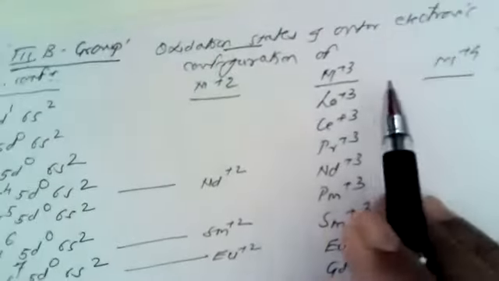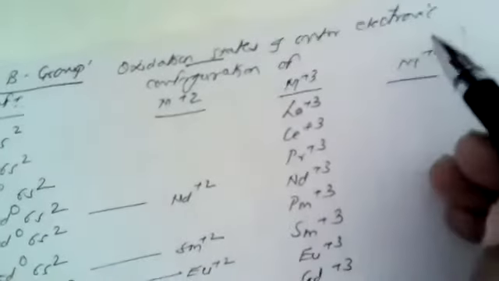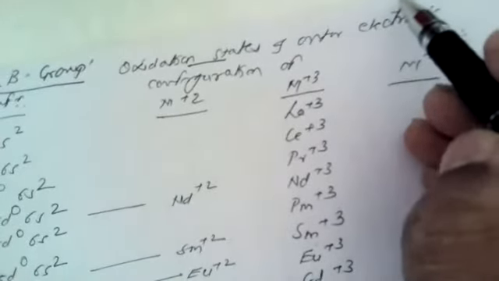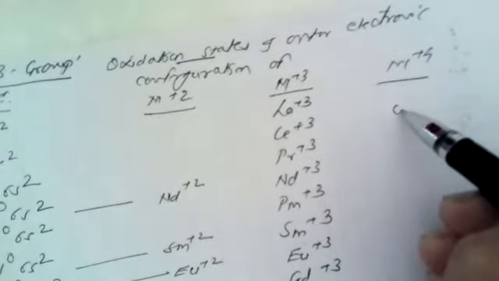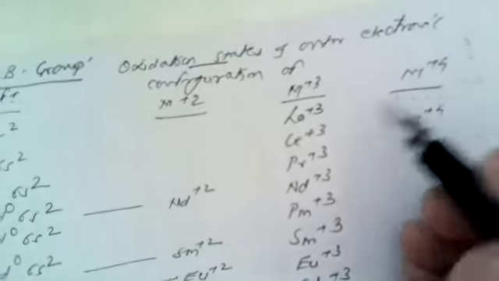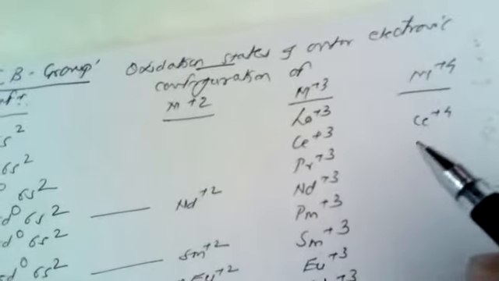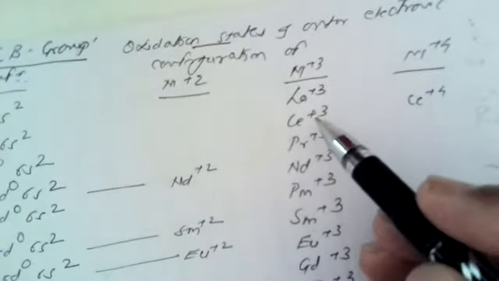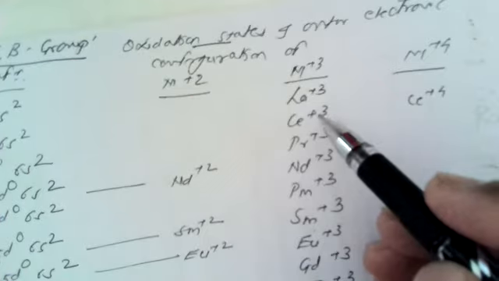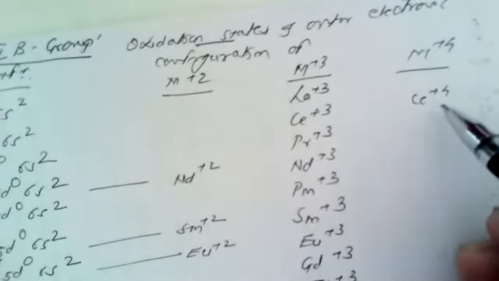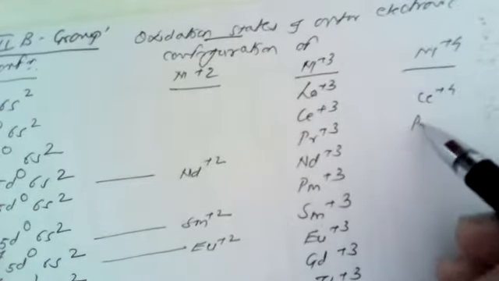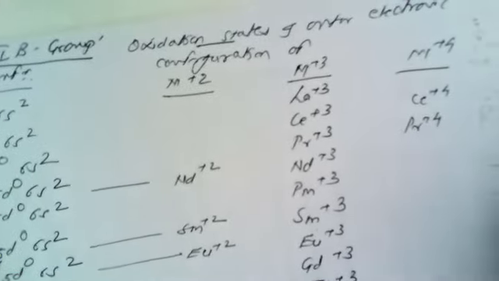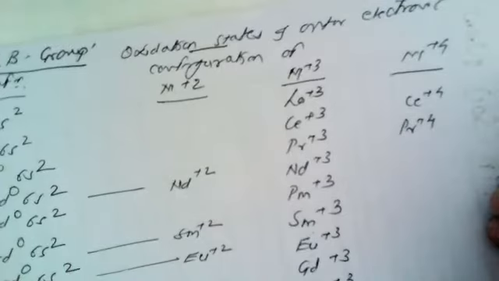Now come to the oxidation state +4. Now cerium +4. So in front of cerium you have to write +4. So cerium displays two different oxidation states, +3 and +4. Then the next member is praseodymium, which shows +4 oxidation state. So Pr +4.